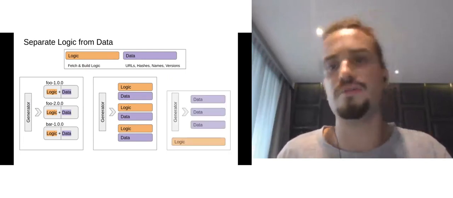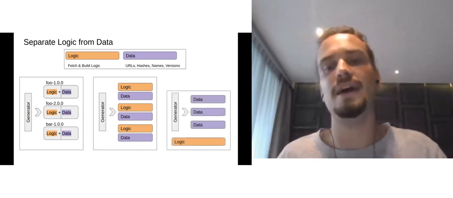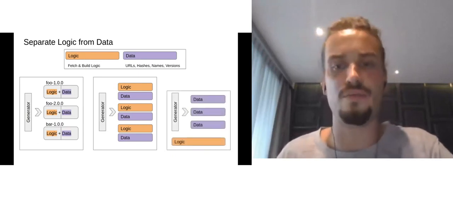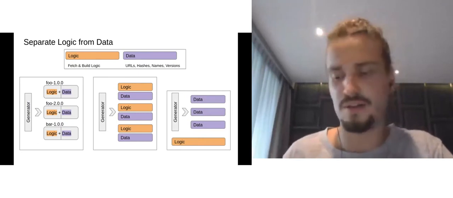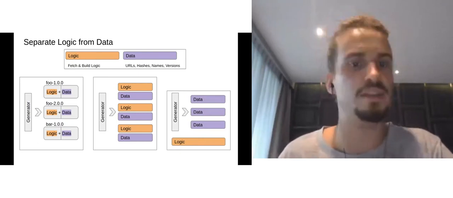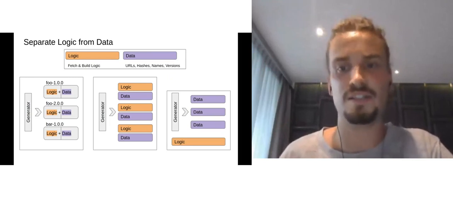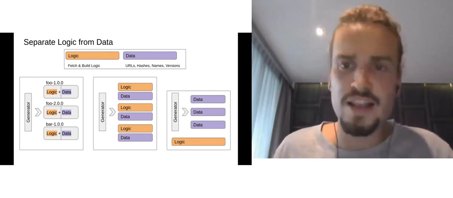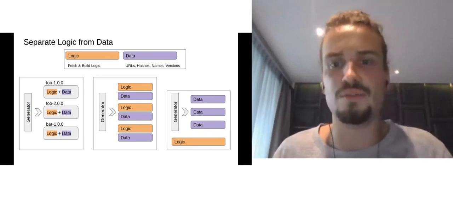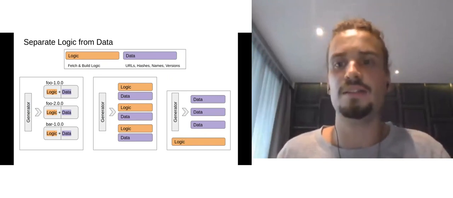So what we do with dream2nix is that whenever we generate something, and as you've seen, dream2nix doesn't always force you to do that, but if you want to generate something, we only generate data. We never generate Nix code. So that allows us to have the build logic only in one place. This has several benefits.